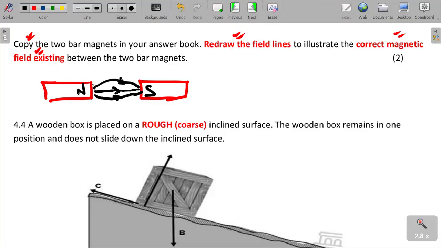Let me use a finer pencil here to illustrate these forces.